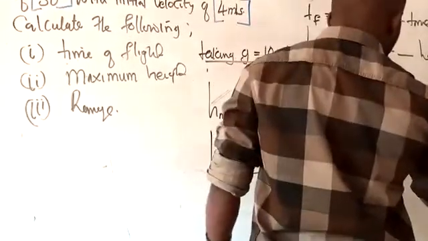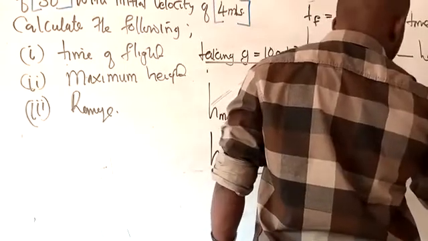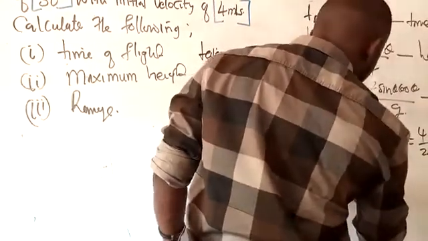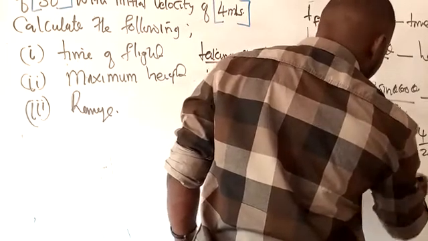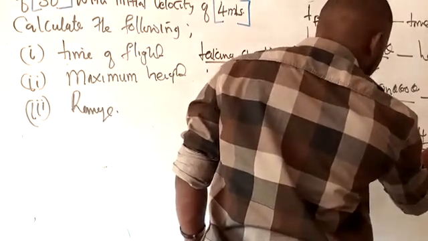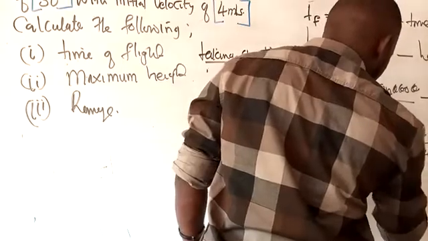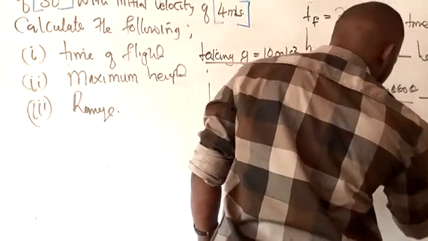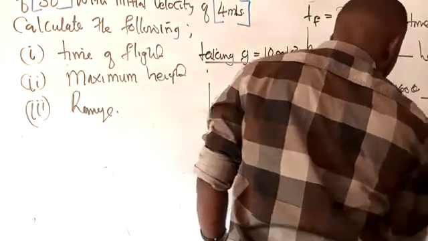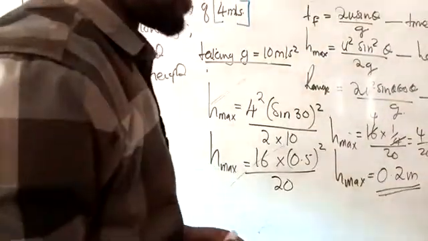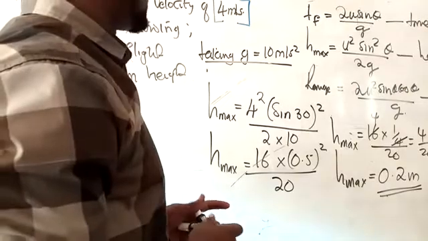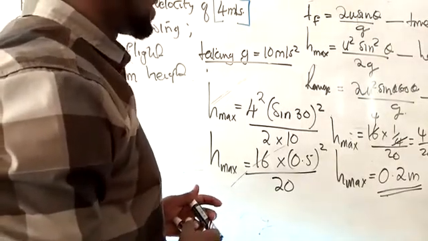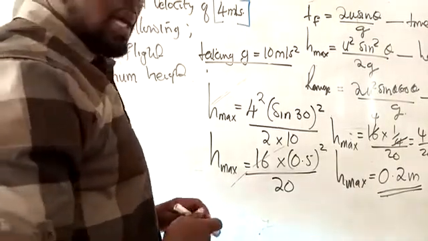So we end up having 4 over 20. So the h max will be equal to 0.2 meters. Okay, don't say it can't. There's a decimal value there. Don't say it can't. Alright, that's the maximum height.